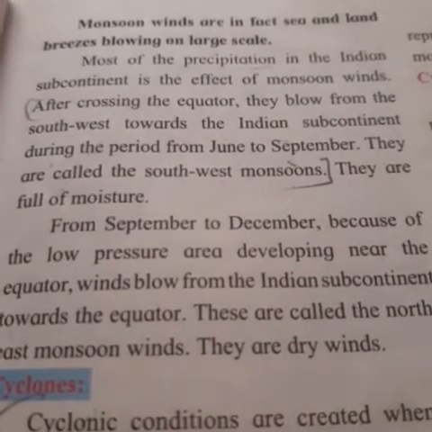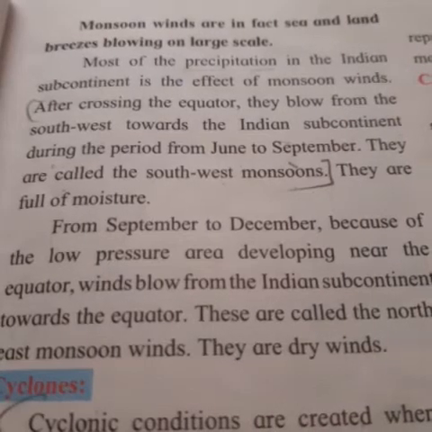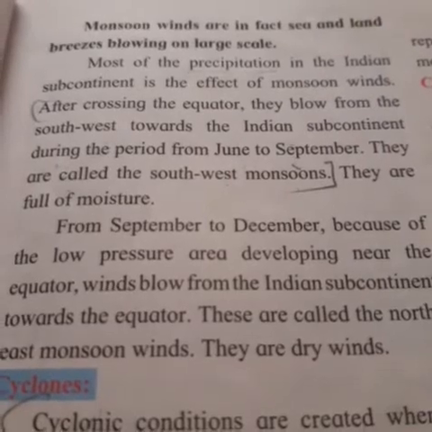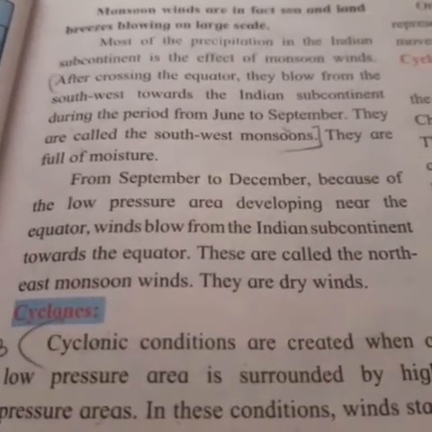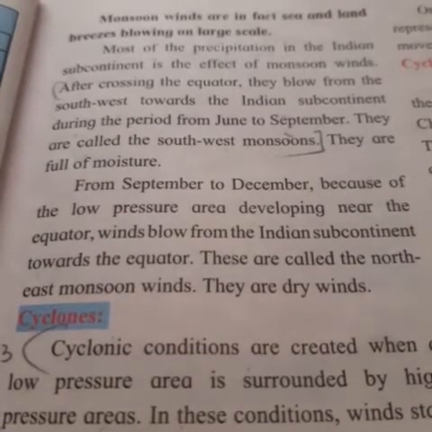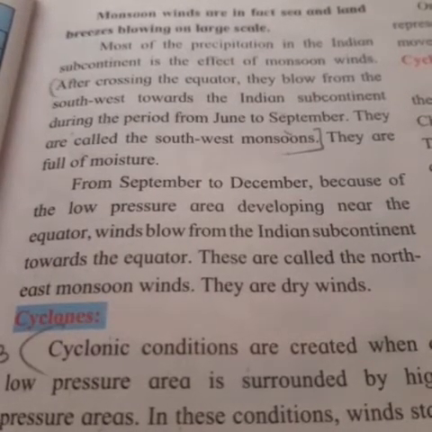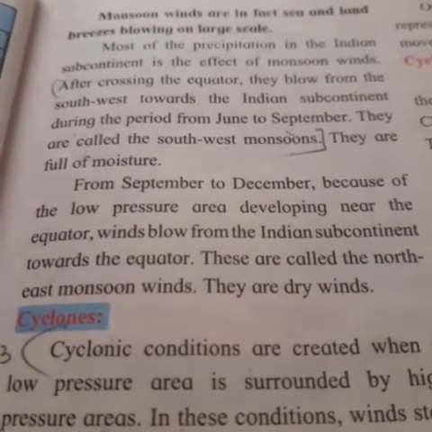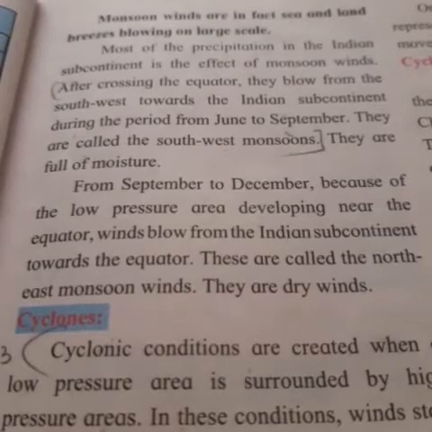During the period from June to September, they are called the southwest monsoon. They are full of moisture. From September to December, because of the low pressure area developing near the equator, winds blow from the Indian subcontinent towards the equator. These are called the northeast monsoon wind.